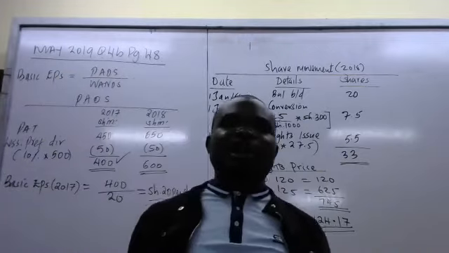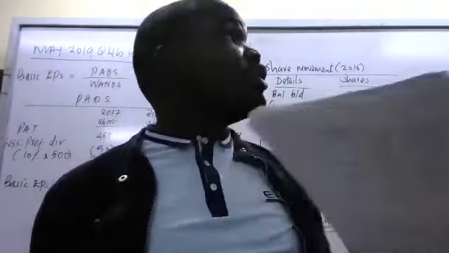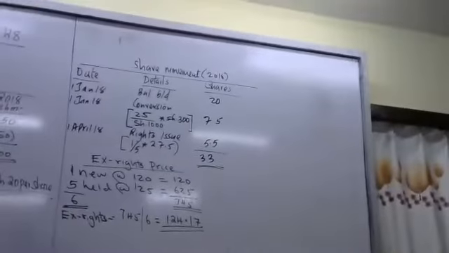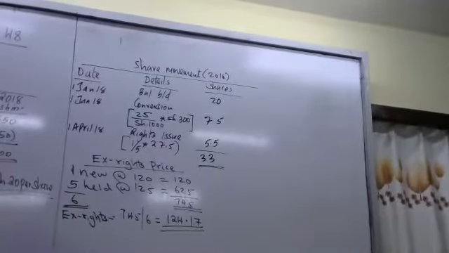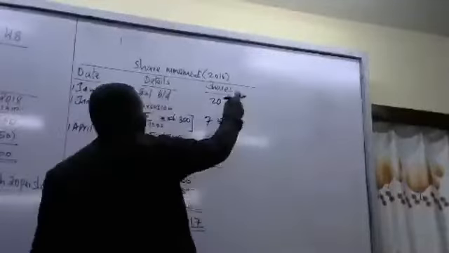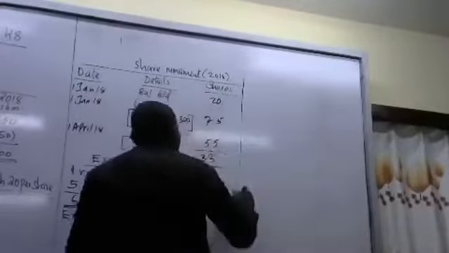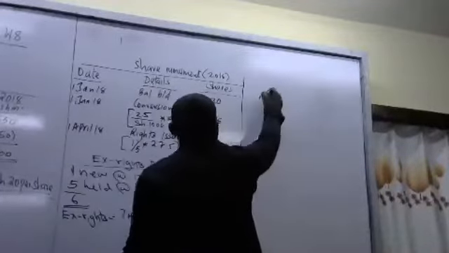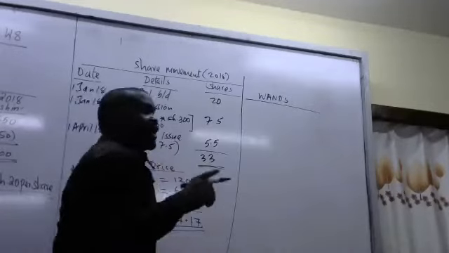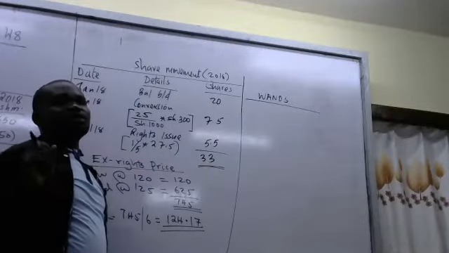Check, read the entire question. So let's check one-offs. I hope you have seen those dates properly now. Check ordinary shares before the rights issue.